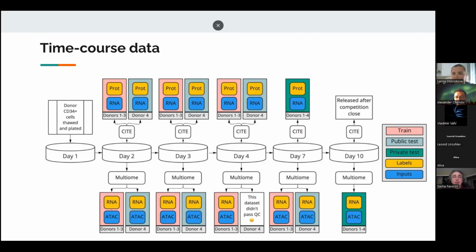Yes. Okay, so the question is about donor 1-3 at the left upper corner and all the similar scripts. It means that actually the cells are pulled from these donors. I need to read the description more precisely, because from a biological point of view, I would expect that it is nonsense to pull all these cells together in one dish.